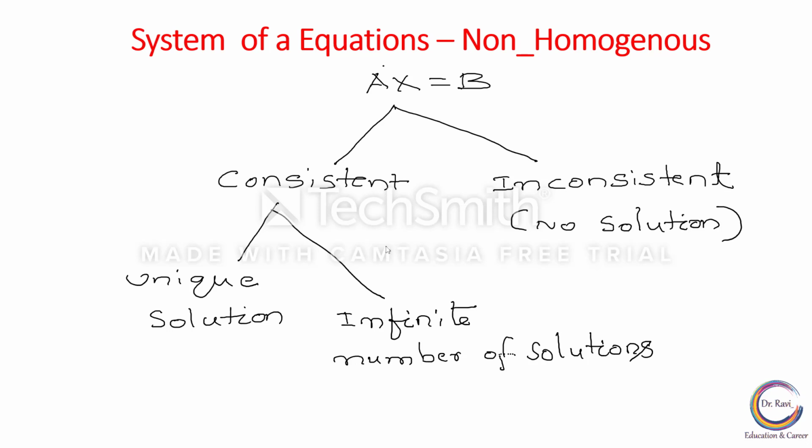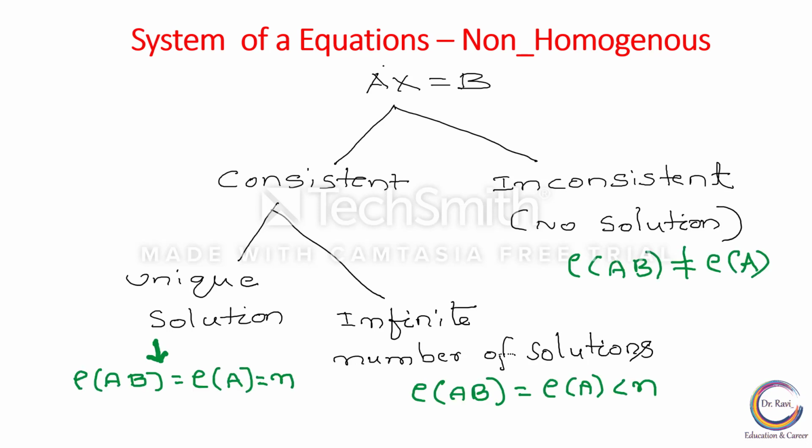Now the question comes, how to know whether the system is consistent or not? And if so, whether the system is going to have a unique solution or an infinite number of solutions. For this we take the help of the rank of a matrix. If rank of AB equal to rank of A, then the system is said to be consistent.